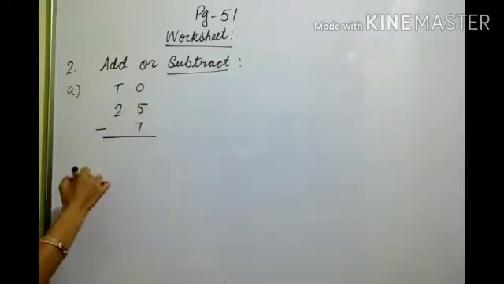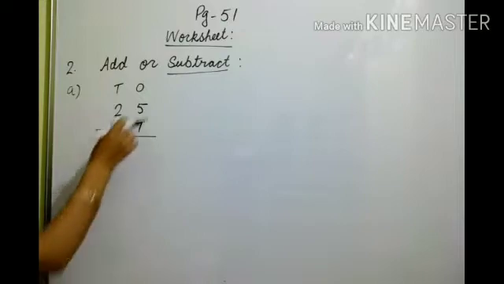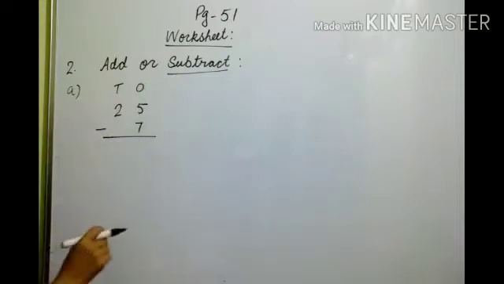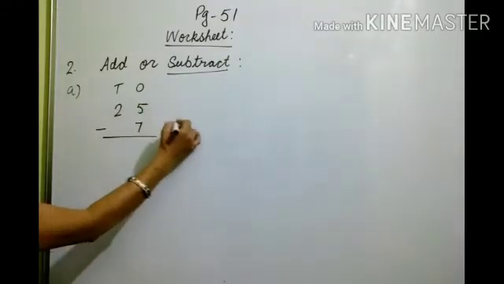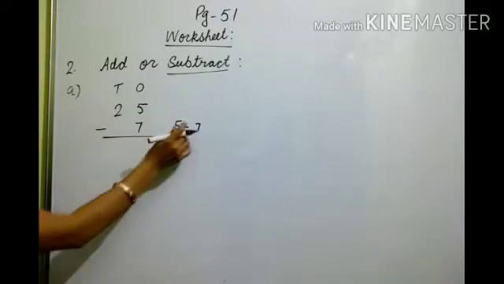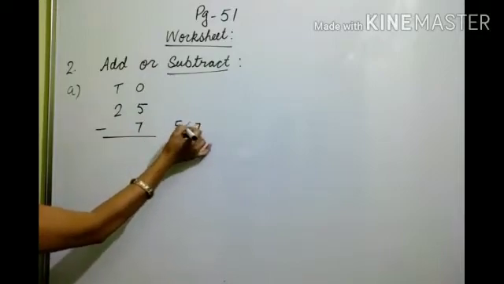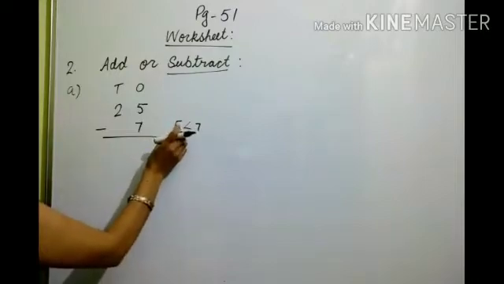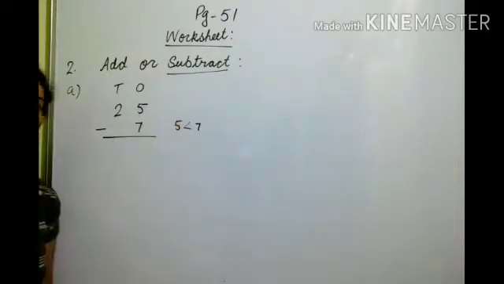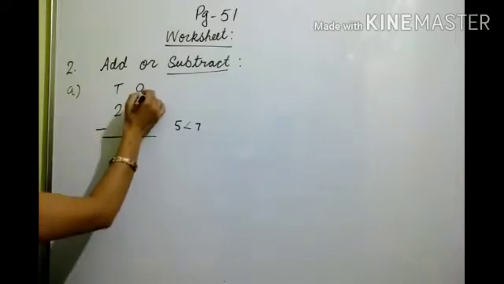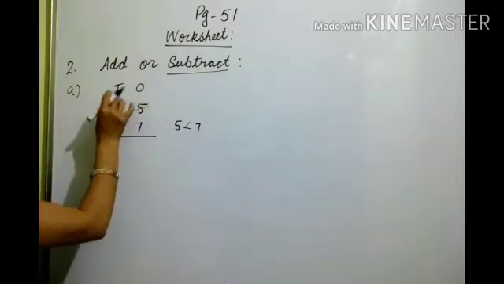Starting from the ones place, as I told you again and again, in subtraction and in addition we always start from the ones place. 5 minus 7 we have to do. This is not possible because 5 is smaller than 7. We cannot subtract a bigger number from a smaller number. So what to do? We will borrow from the 2.